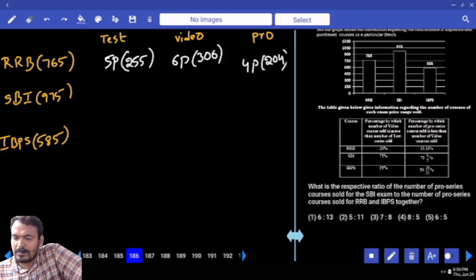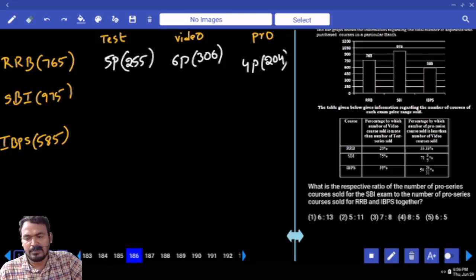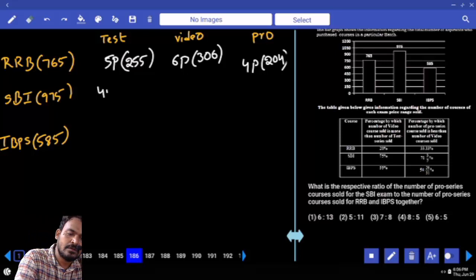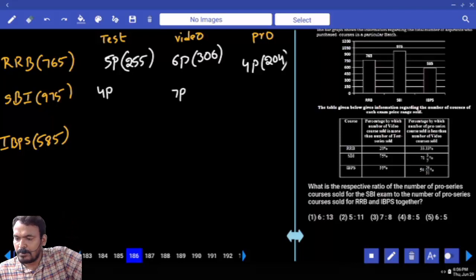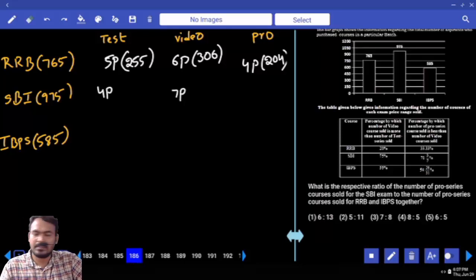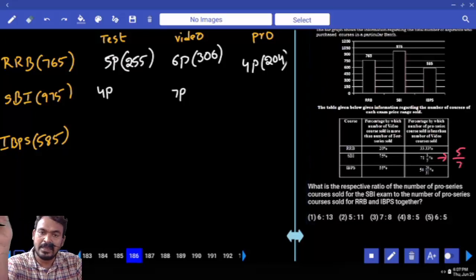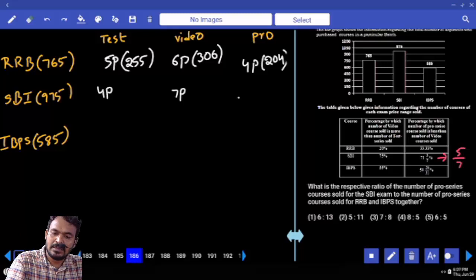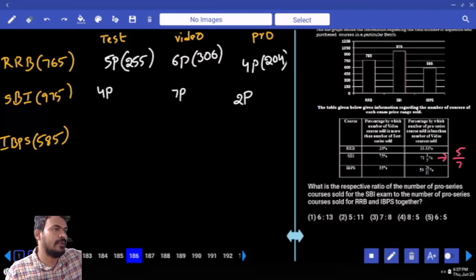SBI: video compared to test series, how much percent more? 75% more. 75% means what fraction? 3 by 4, means test series is 4 parts, video series 7 parts. Next pro series compared to video series, how much percent less? 71 3 by 7, means 5 by 7, one will be 7 parts, another one 5 parts, lesser means remaining 2 parts. 4 parts, 7 parts and 2 parts.